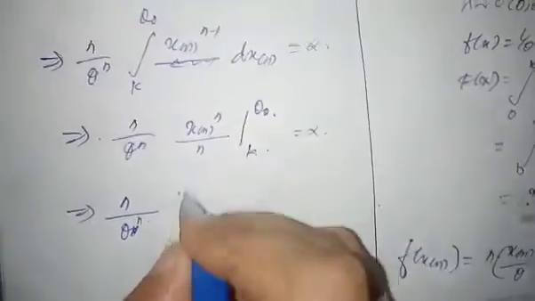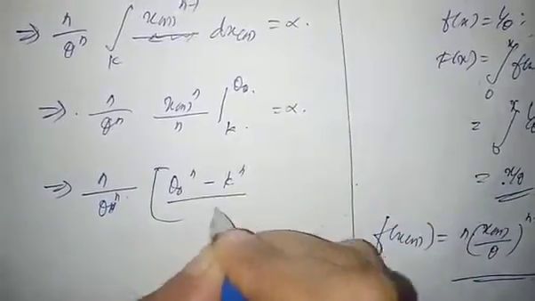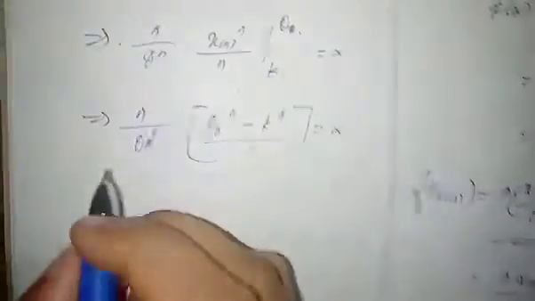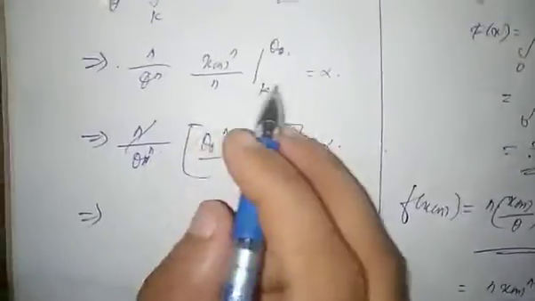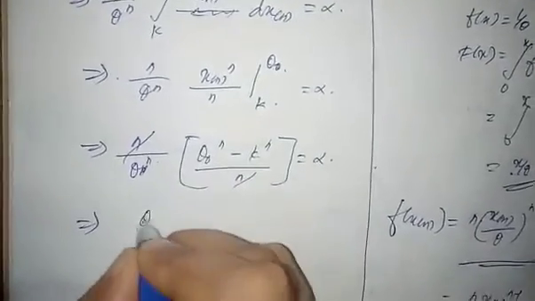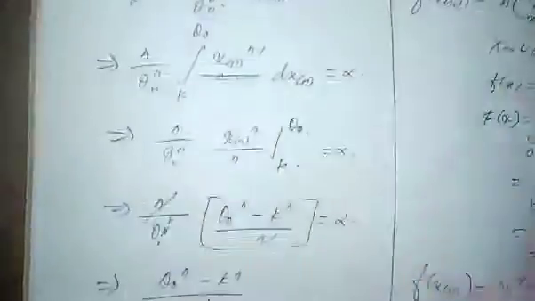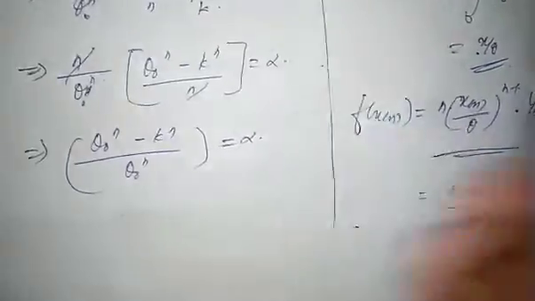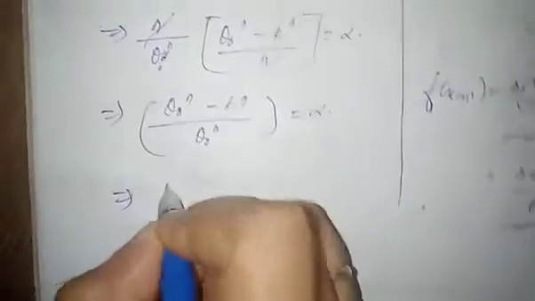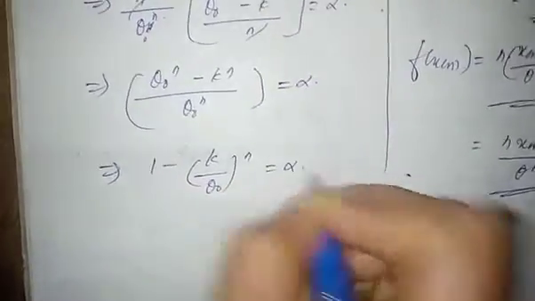Here we will substitute the limits, right? It is n by theta power n times theta naught power n minus k power n, divided by n, equal to alpha, which implies here n got cancelled. Then you can get theta naught power n minus k power n divided by theta naught power n, here theta naught since the size of the test is under H naught, equal to alpha, right. Then we can write this as 1 minus k by theta naught, power n, equal to alpha.